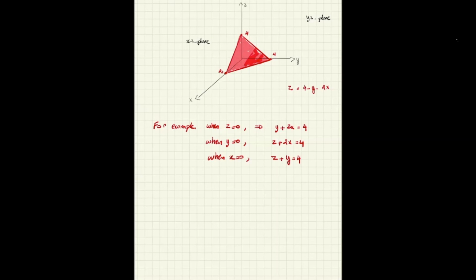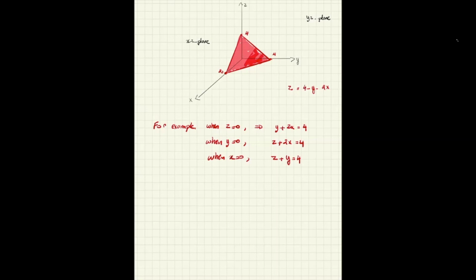Now, what is the region now? So now you have to be very careful because you have to remember the definition of the integral.